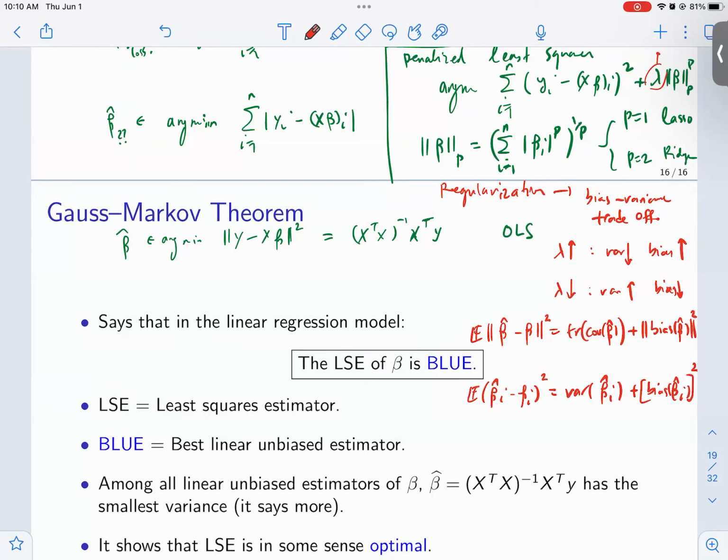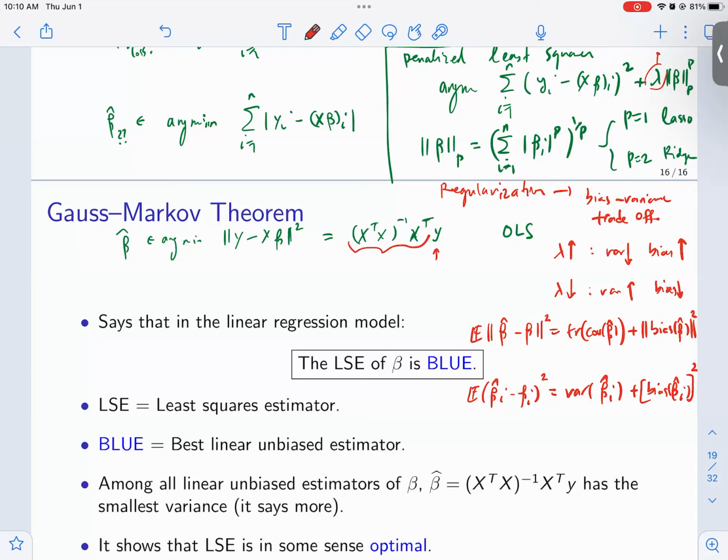So I'm looking at things whose bias is 0. Among those, they're linear estimators. Linear means a linear operator acts on the observations. A linear operator, if you remember, can be represented by a matrix. So I apply a matrix to Y, that gives me an estimate of beta hat.